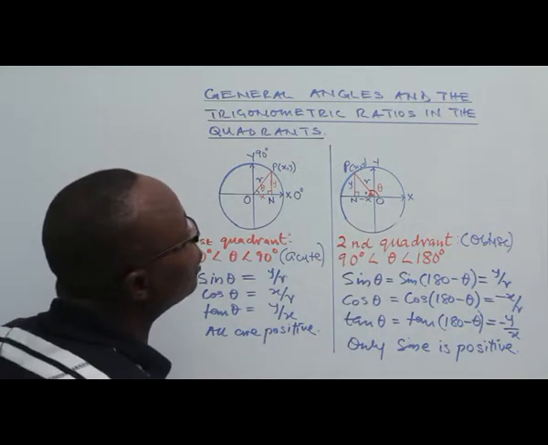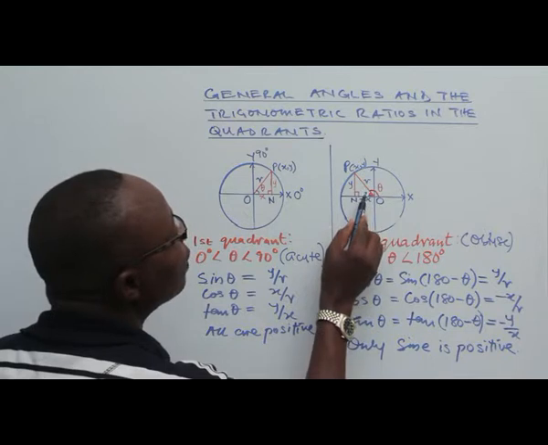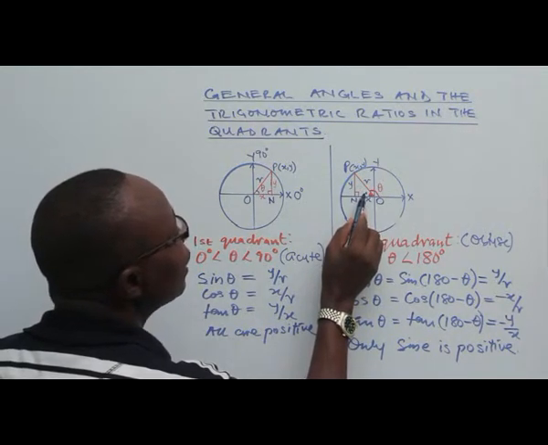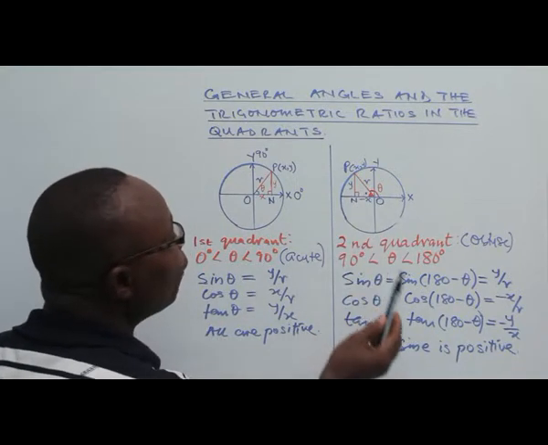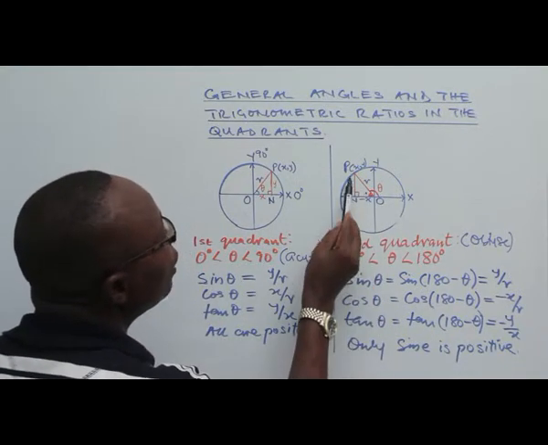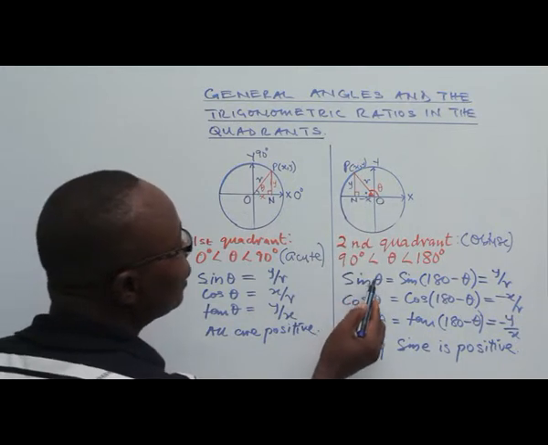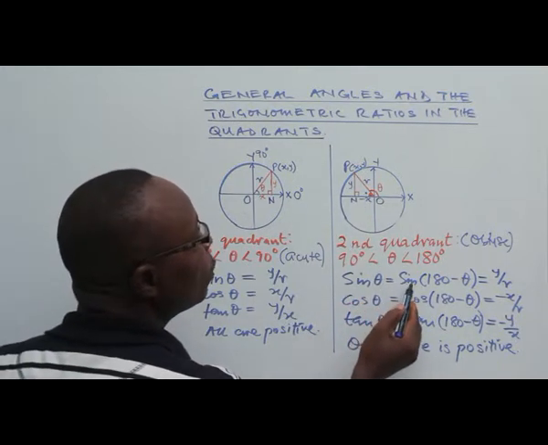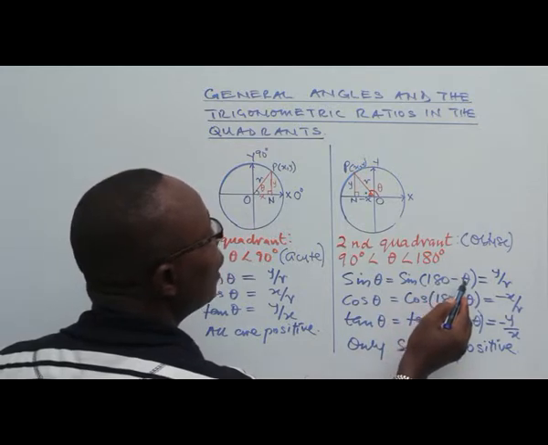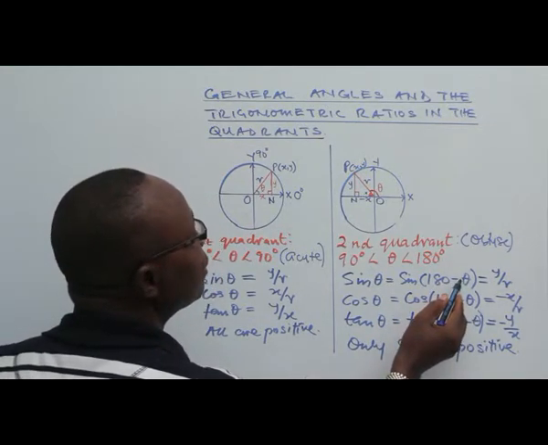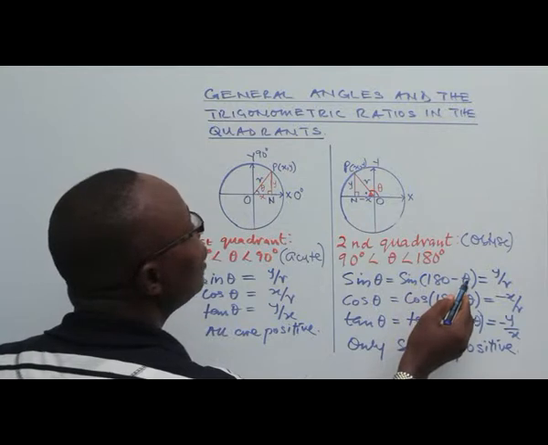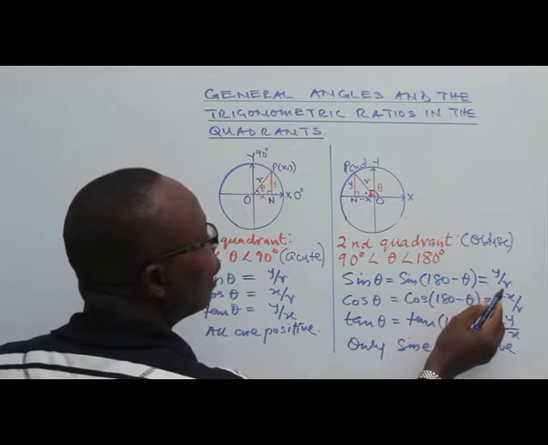So when you subtract theta from 180 degrees, you will have this angle in the right-angled triangle indicated in this plane. So we can now find the ratios using the right-angled triangle. In other words, sin theta will be equivalent to sin of 180 minus theta, and defining it in this case, it becomes y all over r.